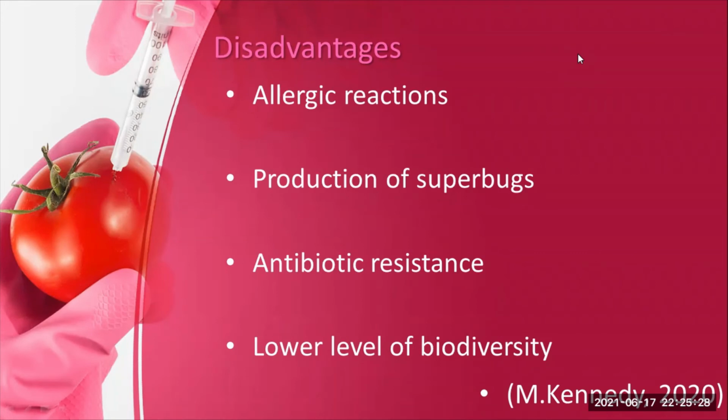For instance, allergic reaction. Persons can be allergic to specific animals such as fish, and when their DNA is introduced into our food, a person who eats the food containing this DNA can have an allergic reaction to that food.